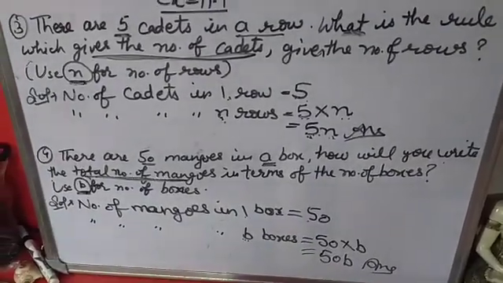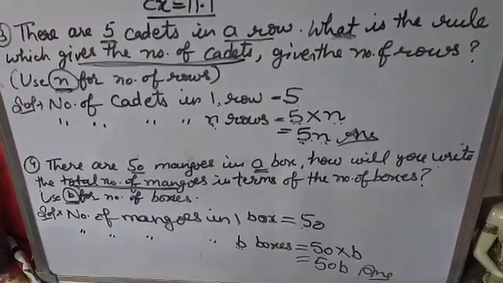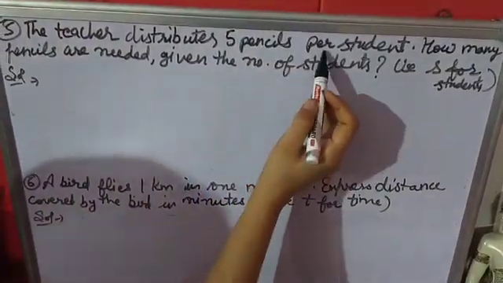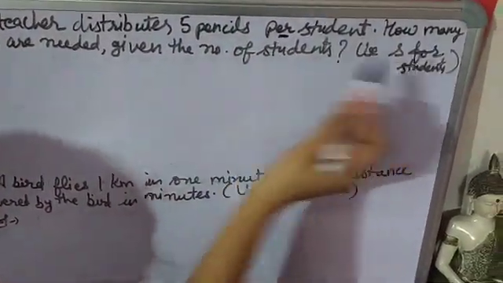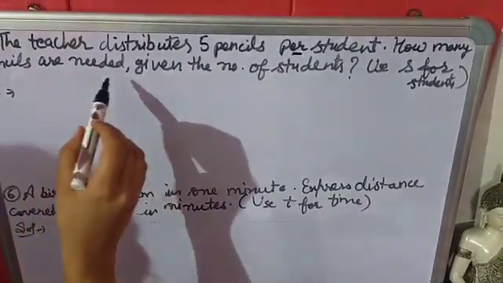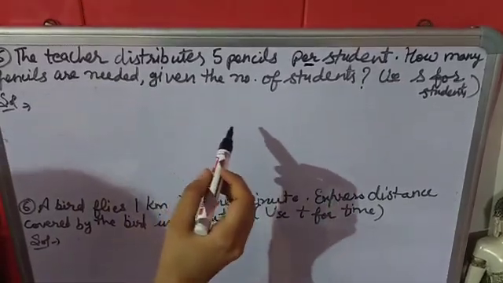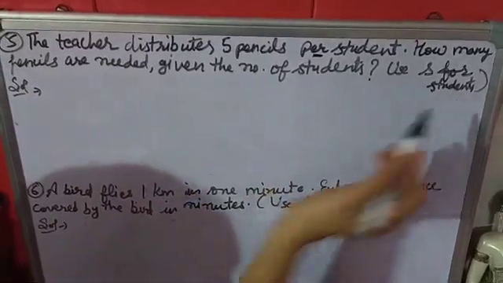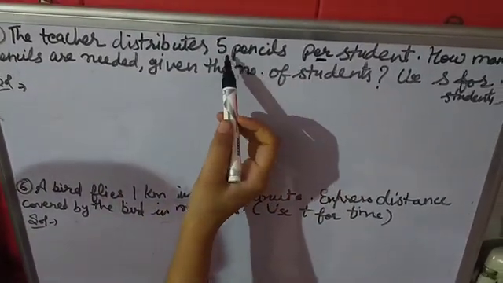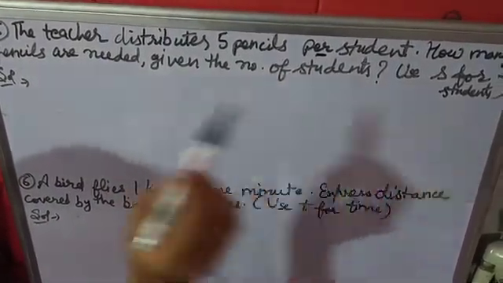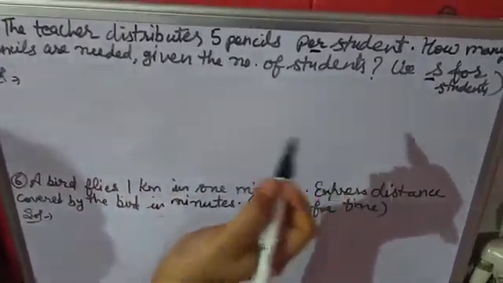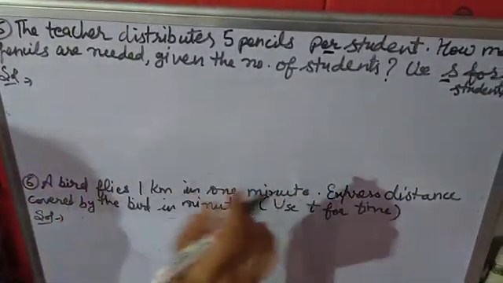Fifth question. The teacher distributes 5 pencils per student. Per means 1. How many pencils are needed given the number of students? Use S for students. He is saying the teacher is distributing 5 pencils to 1 student, and there are S students. So how many pencils are needed?